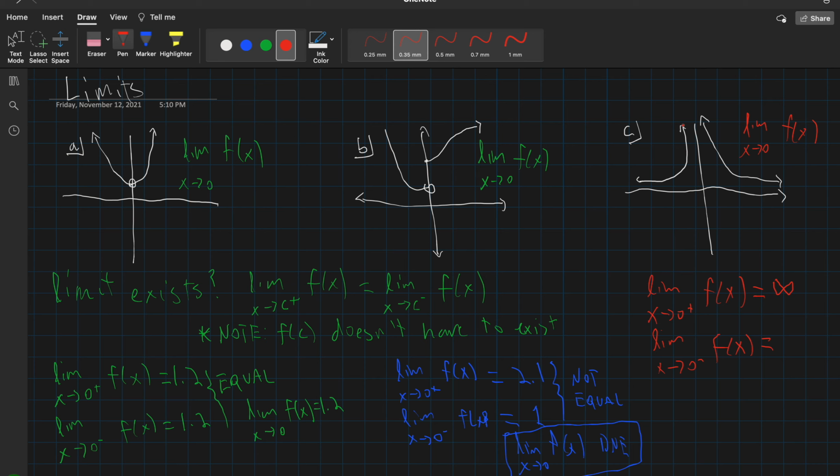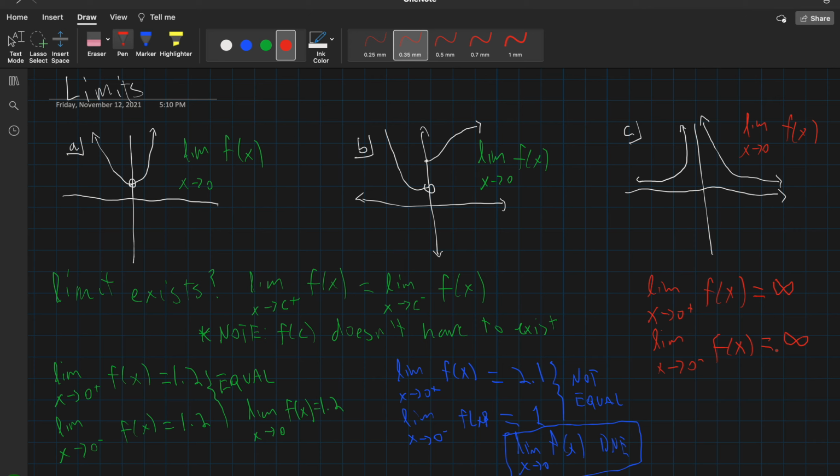So it keeps on increasing and increasing. So we would also say that from the left-hand side, our limit tends to infinity. So now it seems that our right-hand limit and left-hand limit agree. So it seems that the limit does exist.